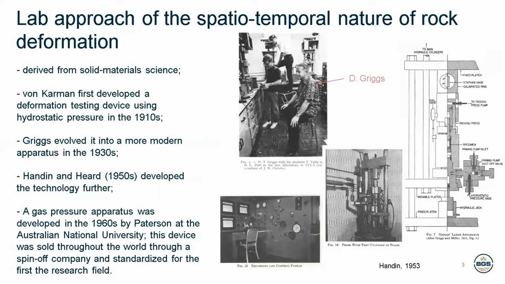But again, no visual record of those yet. And it's only in the 50s, when Handin and Hager, working at Shell in Texas, developed the technology further, that they also started to have a camera to take pictures of it. And so these are the little images that you can see on the screen from these early apparatuses.